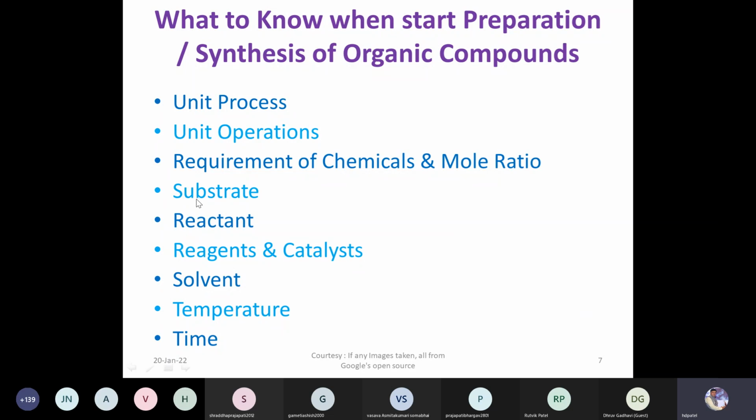Next one is substrate. Substrate means the chemical or compound on which the reaction will take place.